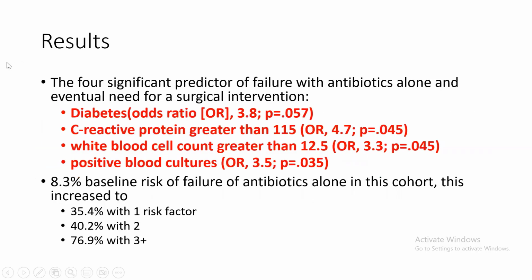So as mentioned, in addition to diabetes and IV drug use, other indicators for failure of antibiotics and need for surgical intervention include those with high inflammatory markers, especially CRP greater than 115, as well as leukocytosis, especially greater than 12.5, and positive blood cultures.